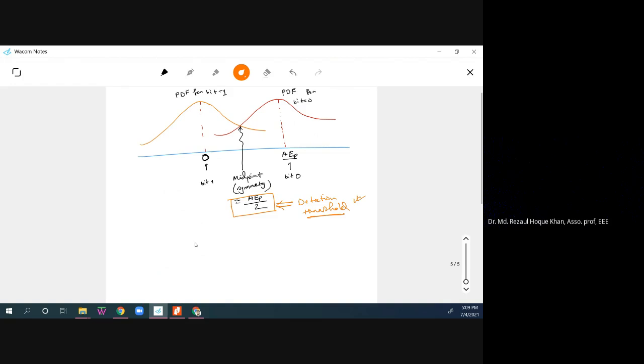Once we know it, we can easily summarize the rule. For optimal detection or decision, if RT is greater than AEP by 2, that is, if RT is greater than the midpoint, then it will detect A0 as A. Otherwise, A0 is detected as 0, because in amplitude shift keying we have only two possibilities, either capital A or 0.